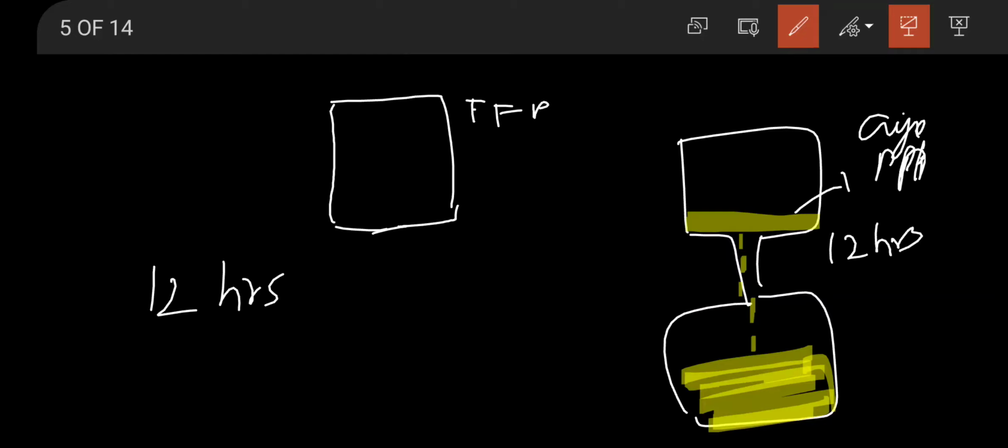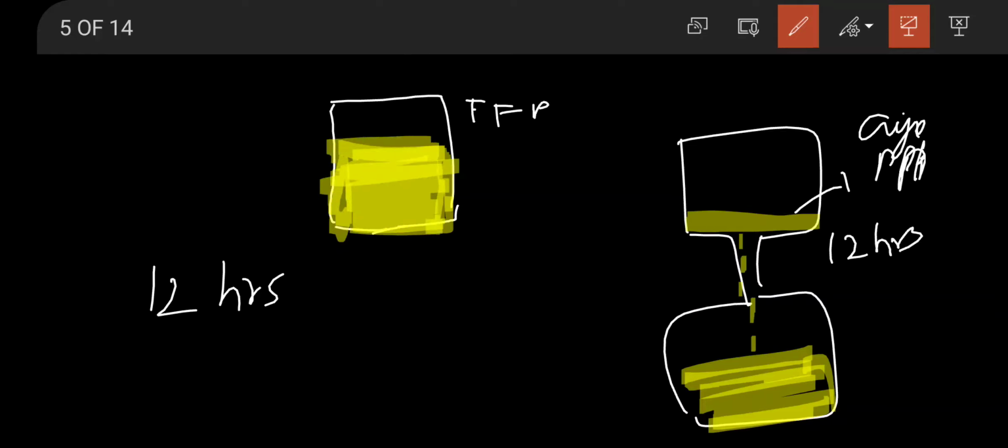So what is the difference between fresh frozen plasma and cryoprecipitate? One is taken after putting in the refrigerator, it is called fresh frozen plasma. Cryoprecipitate means after thawing it for 12 hours.